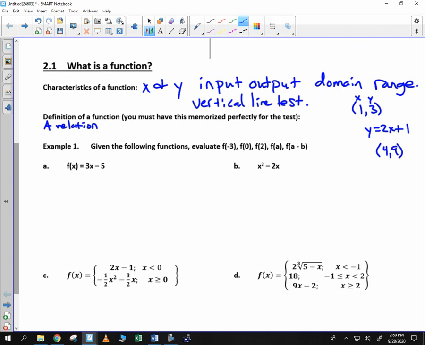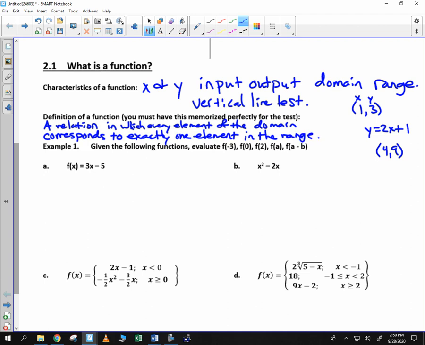Now, here's what's special about the function. A relation in which every element of the domain corresponds to exactly one element in the range.